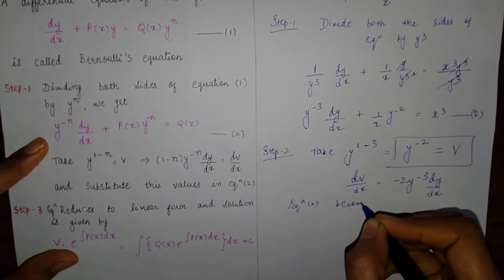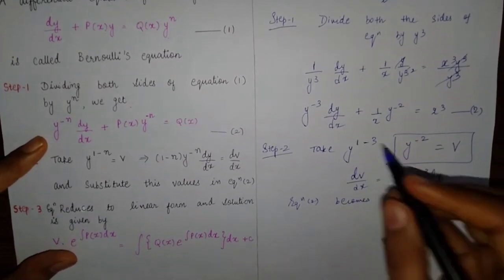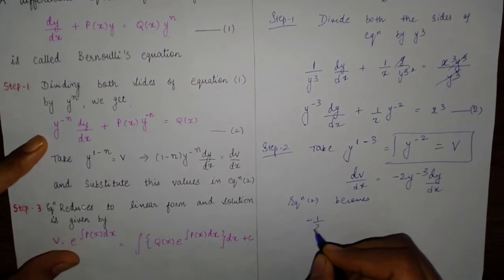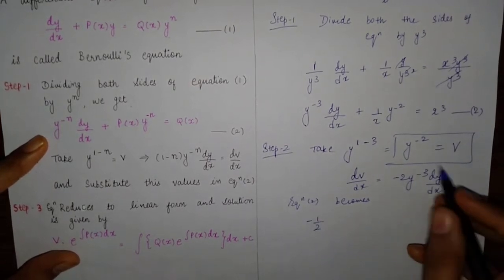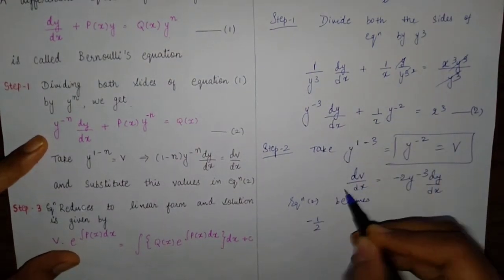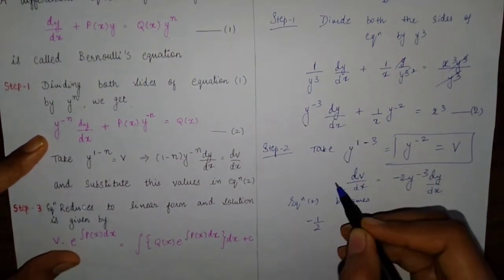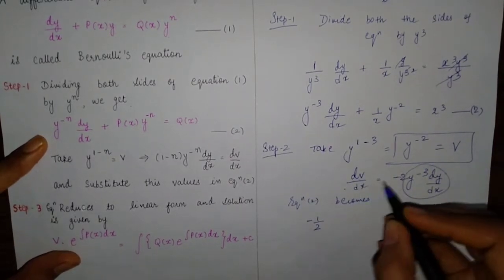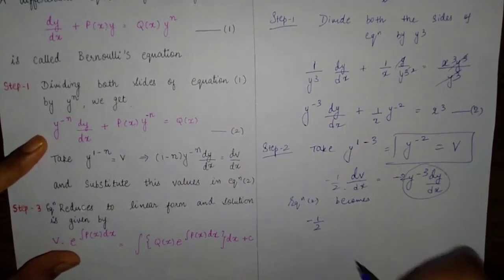in place of this term, you have to write: minus 1 by 2 y raised to minus 3 dy by dx, so in its place we can write, taking this 2 here, minus 1 by 2 dv by dx. So the value of this term will be minus 1 by 2 dv by dx.